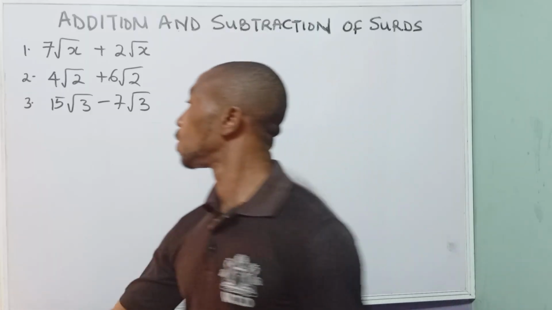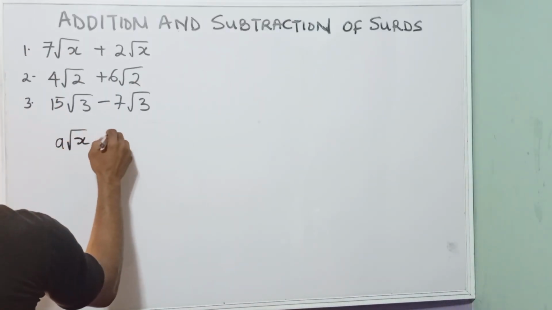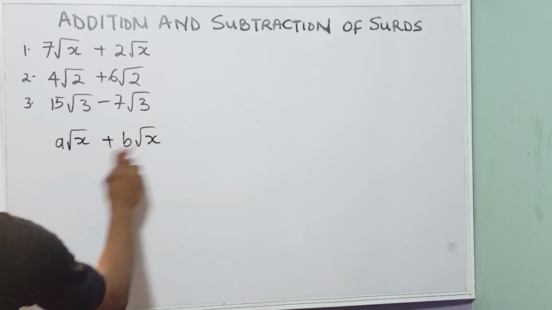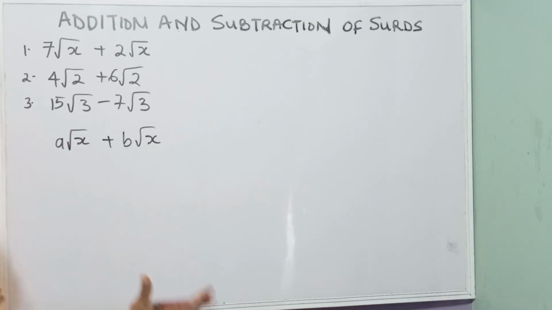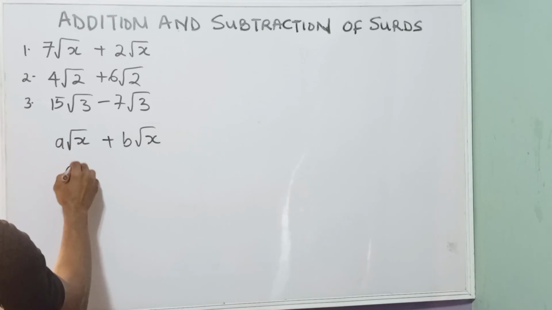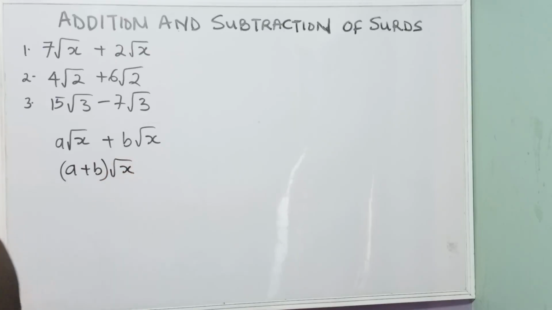So for example, if we have a root x plus b root x, now these two are the same. So what we are going to do, we factorize, having it as a plus b root x. This rule applies to both addition and subtraction.